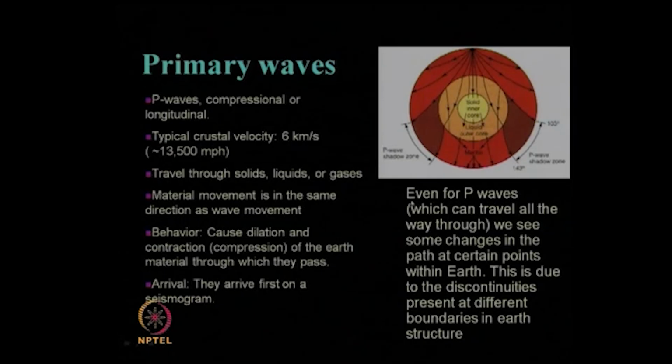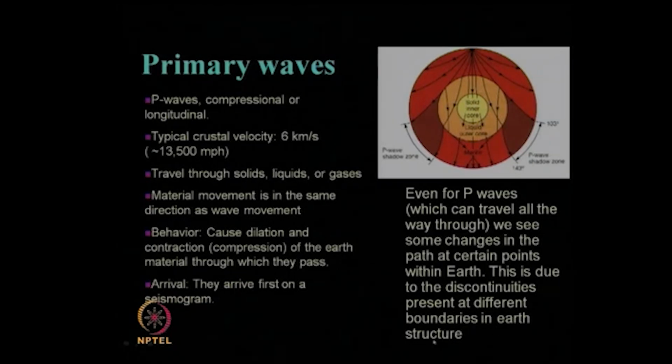Even for P waves, if you see this picture, which can travel through all the media, that is solid, liquid and gases, we can see that some changes in the path at certain points within the earth can occur, and this is due to the discontinuities present at different boundaries in the earth's structure. What does it mean? Suppose the earthquake epicenter is here and the hypocenter is close to that point.